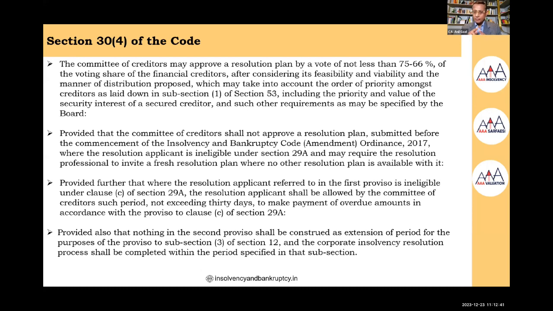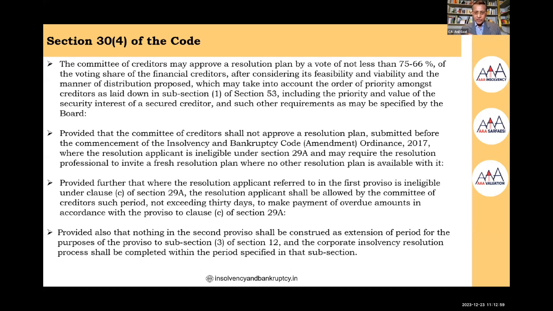it is not shall, it is may, the order of priority. Order of priority means whether it's a first charge, a second charge, or a subservient charge. Order of priority amongst the creditors as laid down in subsection 1 of section 53.